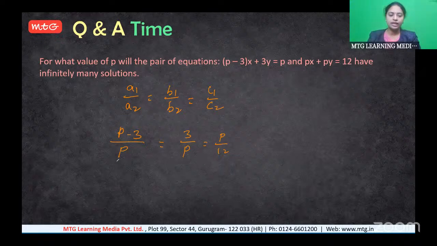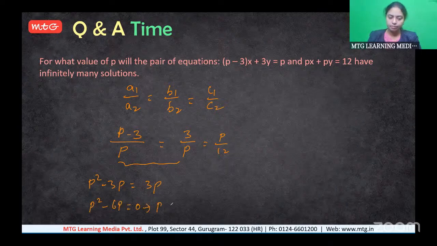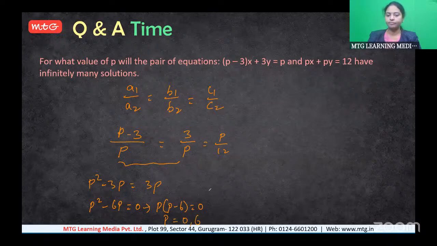Suppose I consider these both parts being equated. I will get P square minus 3P equals 3. Directly you can't cancel out 3P and 3P. You just need to make it P square minus 6P equals 0, making it P into (P minus 6) equals 0. This will give P two values, 0 and 6.